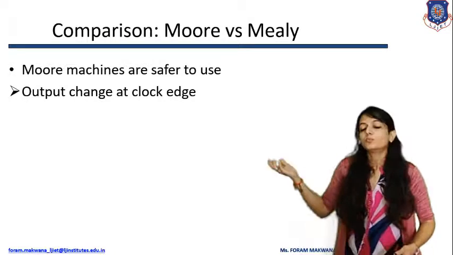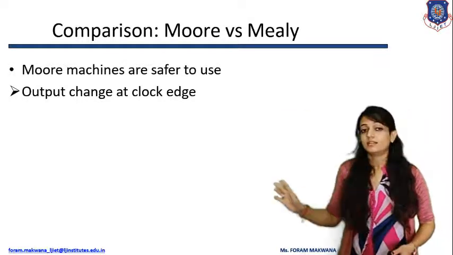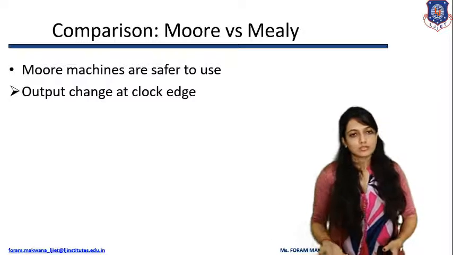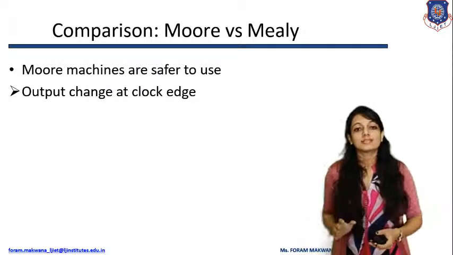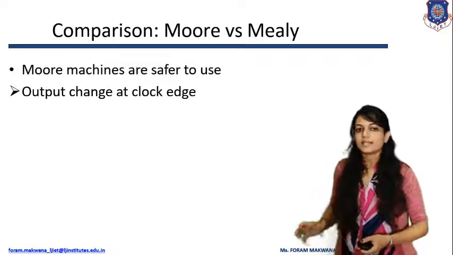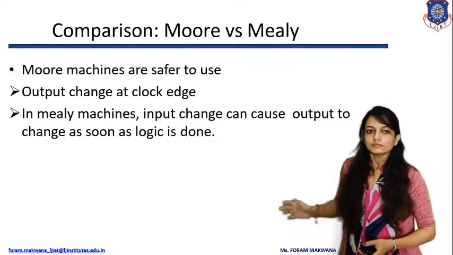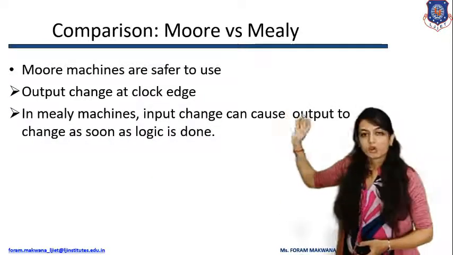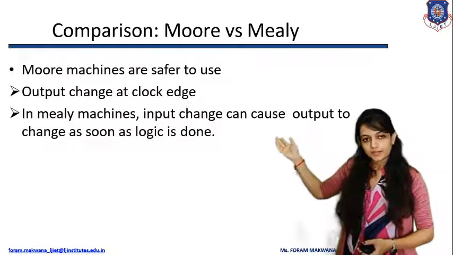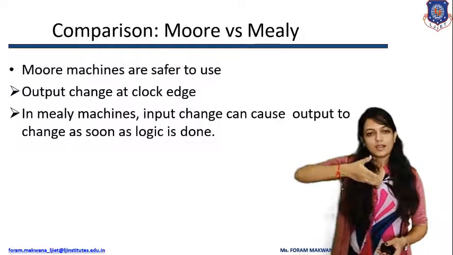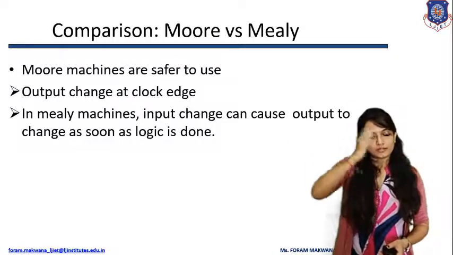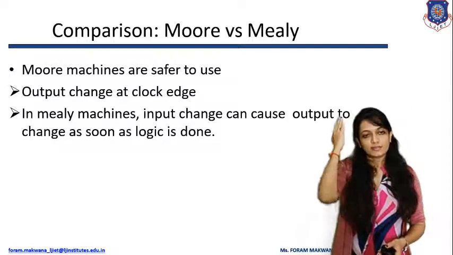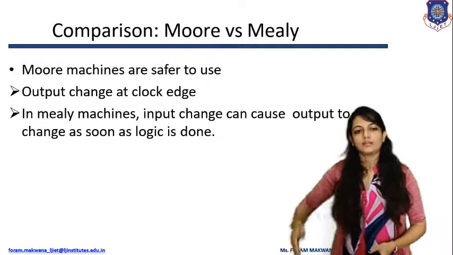Because their output depends only on the present state, it doesn't depend on the input. So the circuit becomes simpler. Second, the output changes at the clock edge. Right? That means the flip-flop is edge triggered, so it can be triggered from the positive or negative edge.